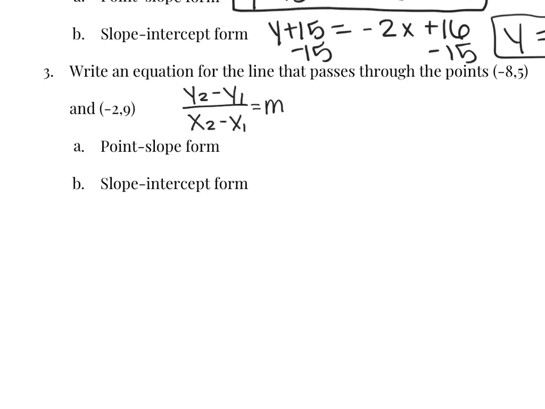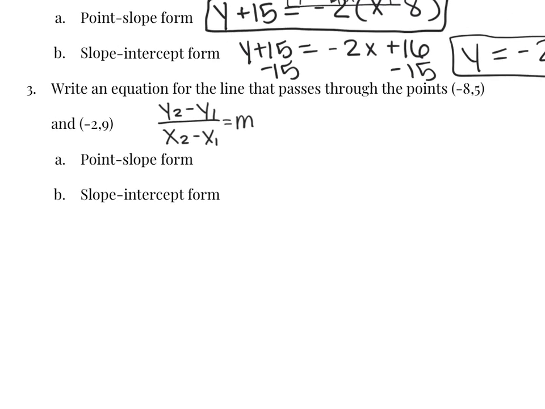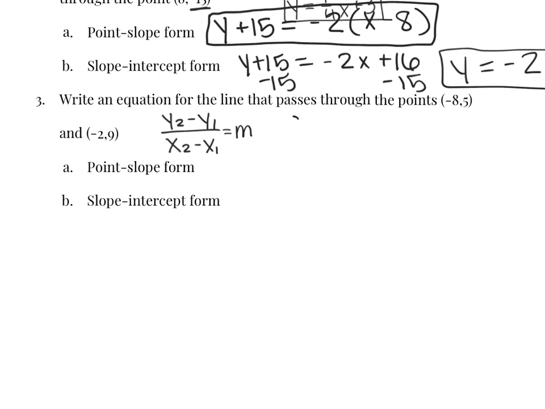That's m. So I'm going to find my slope using my 2 points. I'm going to say 9 minus 5 over -2. Now it's minus a -8, so I'm going to change that to a plus 8, equals 9 minus 5 is 4 over a positive 6, and that reduces down to 2 over 3.